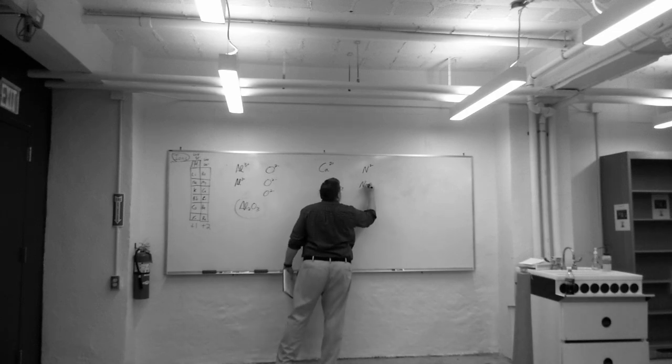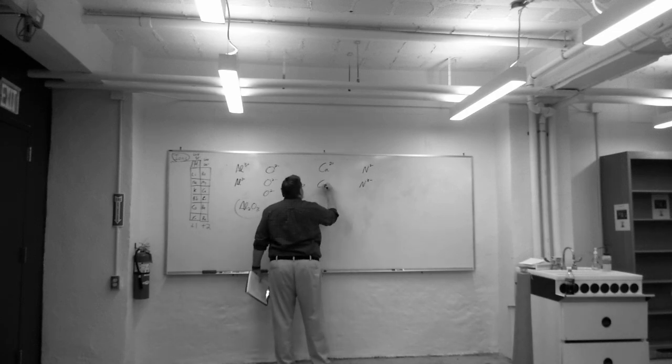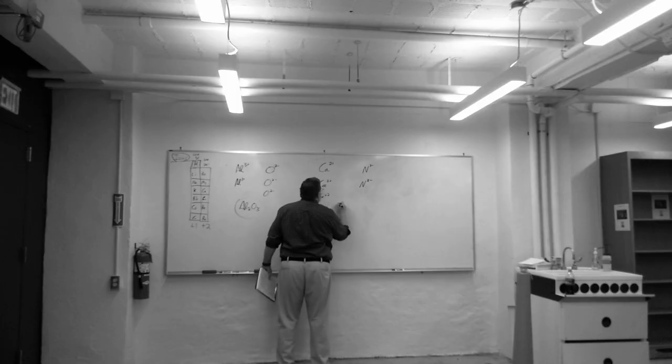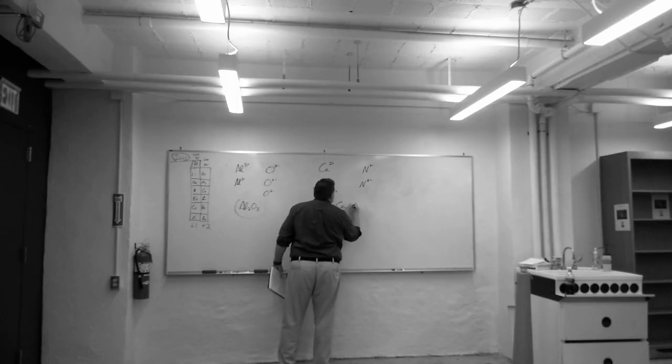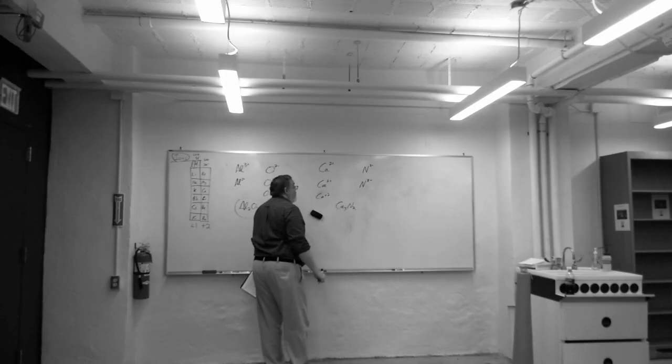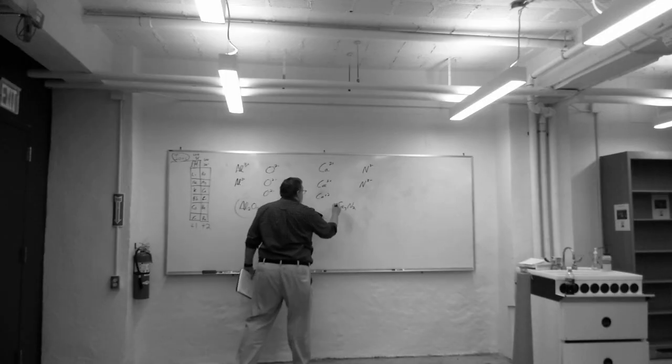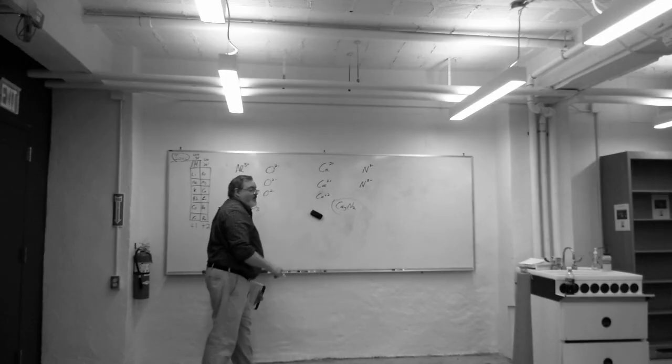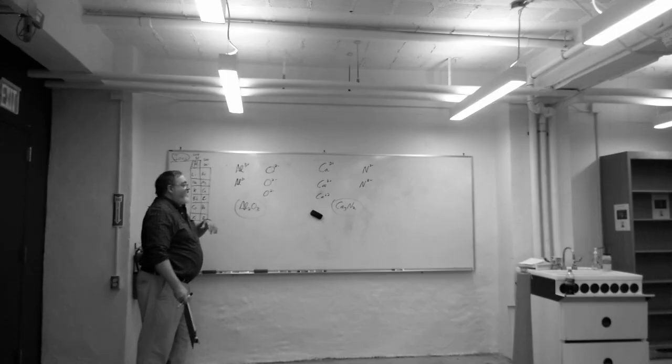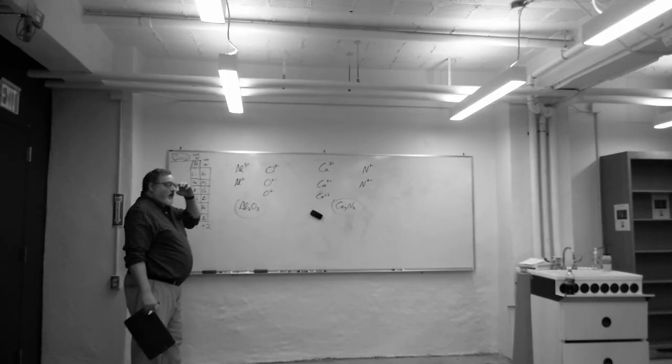I'm going to get 3 of these and 2 of these. So this one is going to be Ca3N2. But yeah, you can think of it as swapping the 2 and the 3 if you like. But that's the logic in it. Just as long as you get them to balance, you'll come up with the right formula.